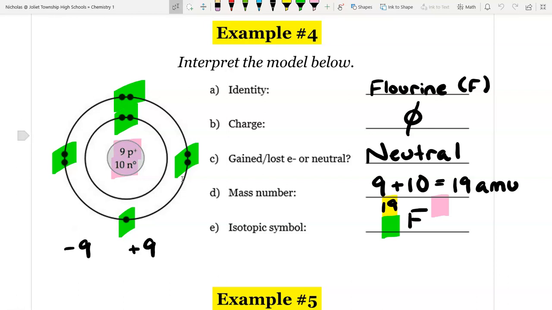The green number is the atomic number, or the number of protons, which is 9. And then finally, that pink number is the charge. Because this is a neutral atom, I don't need to put anything there in the pink. So again, mass is the yellow number. Protons is our green number here. And then the symbol is the symbol from the periodic table.